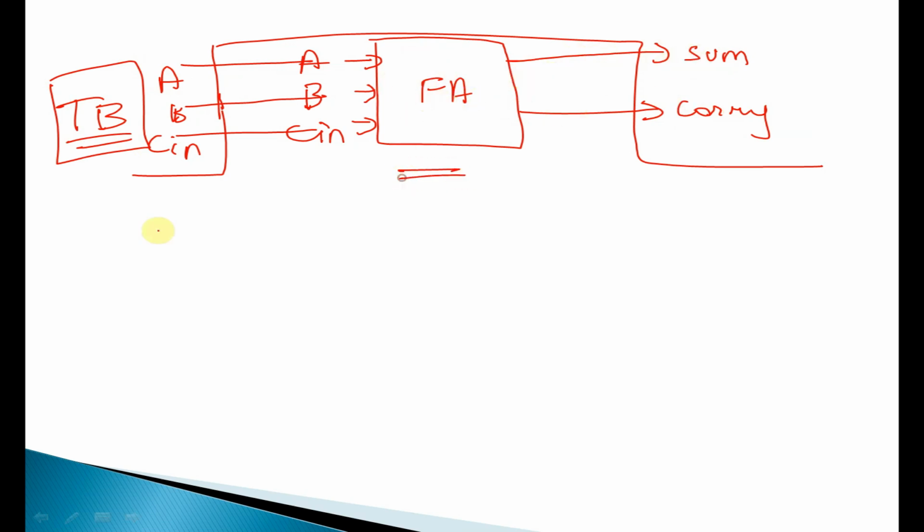Okay, now let us analyze step 1, which is designing your full adder. So how to design a full adder? What is the first step? Can anyone tell me what is the first step when you want to design any design? Declare the module first.